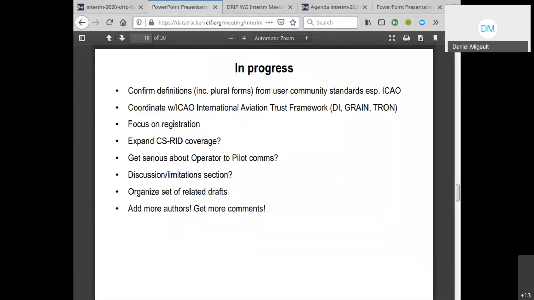Hi. I also want to make a comment. Bob was messaging in the WebEx on USS policy and what have you with these observer to pilot communications.